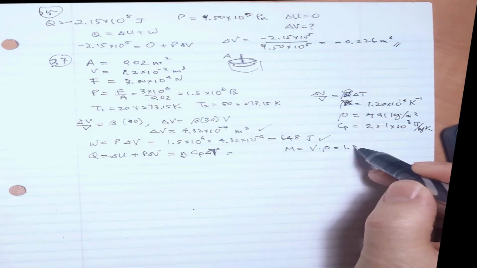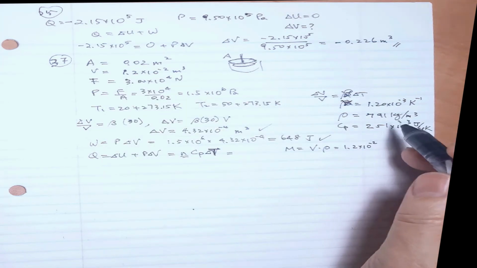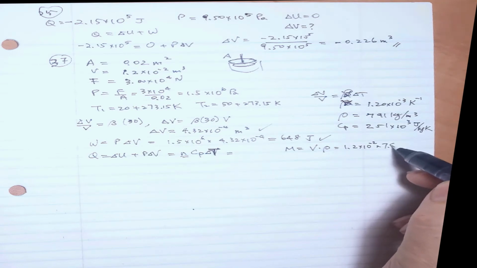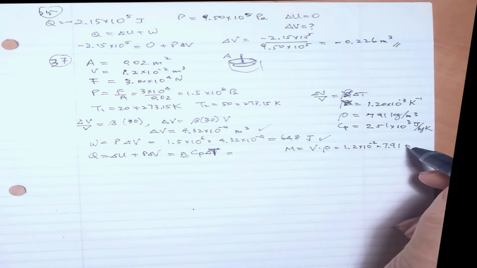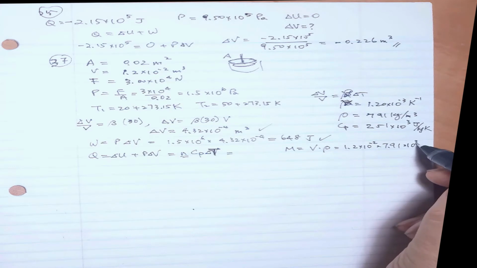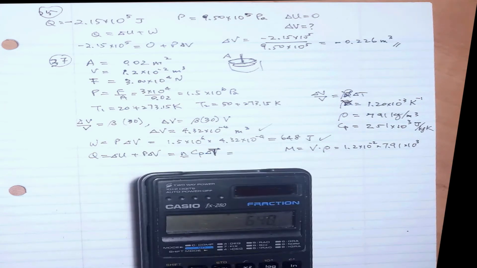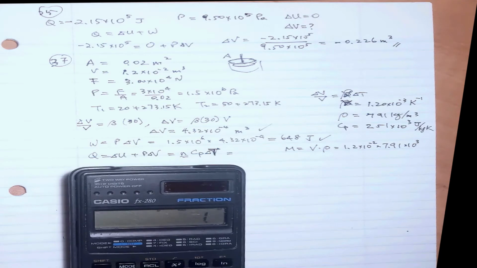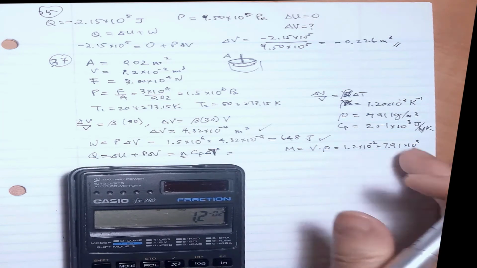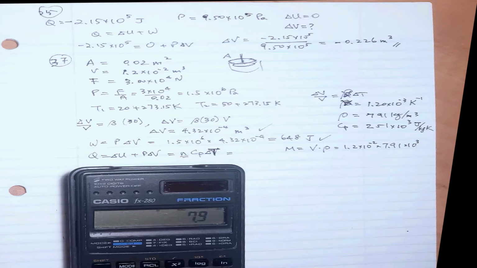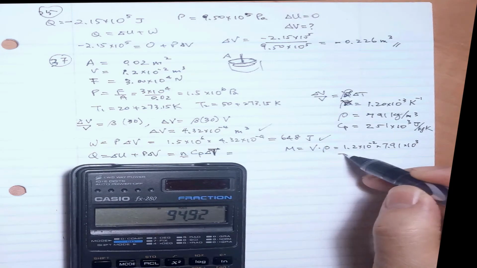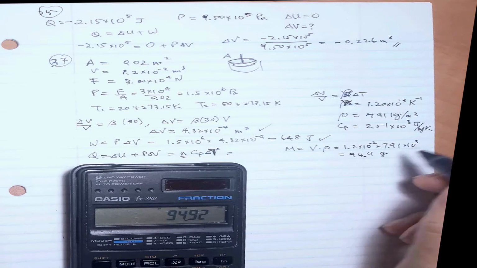The volume was 1.2 times 10 to the negative 2, and the density is 791 kilograms per cubic meter. Let me figure out the number of grams we're talking about: 1.2 times 10 to the negative 2 times 7.91 gives 94.9 grams.